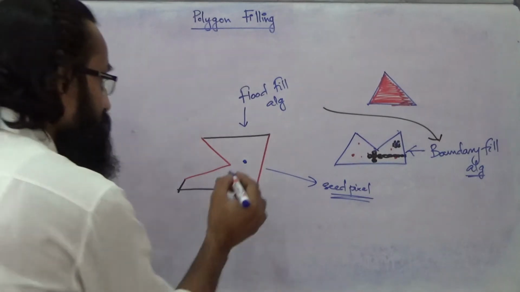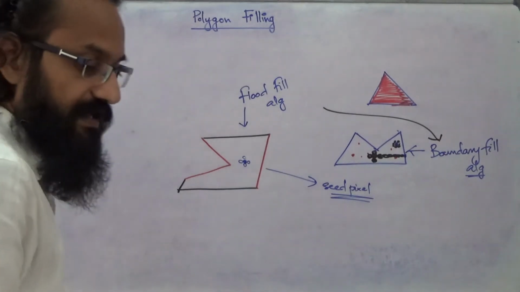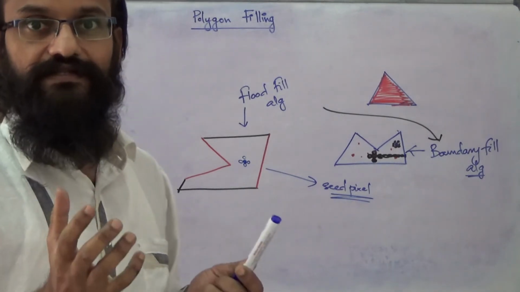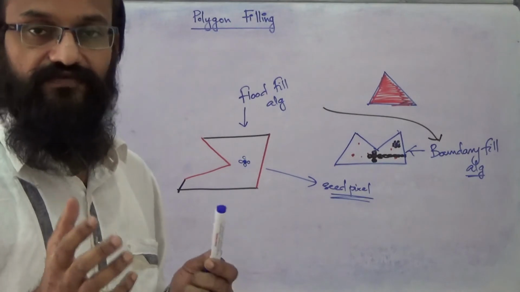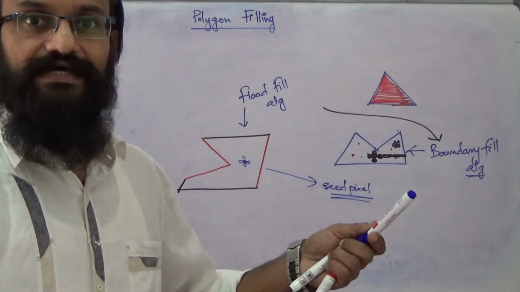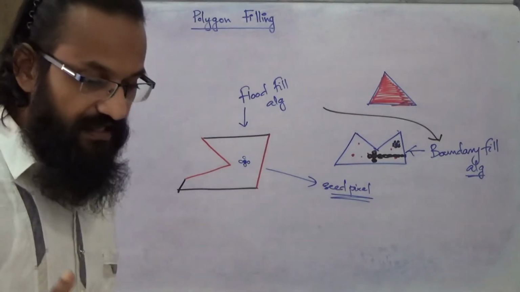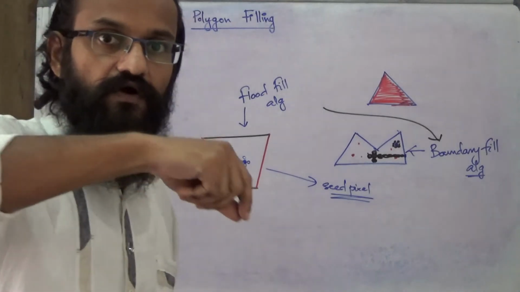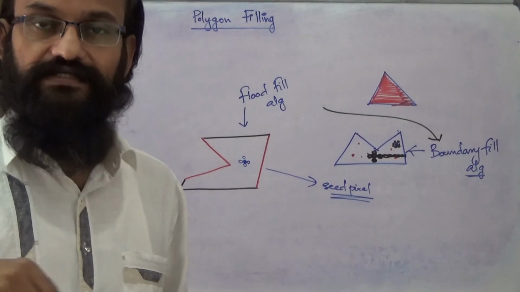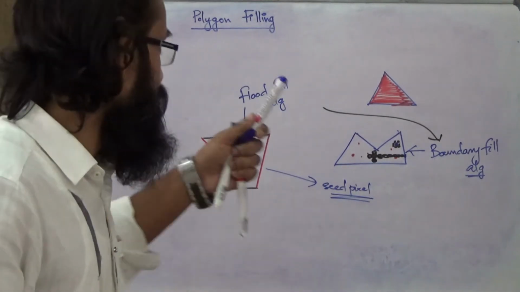Then it considers its adjacent pixels. It will take its adjacent pixels and check whether it is of old color or the interior color defined, white color. If it is white, fill it with blue. Then it proceeds for its adjacent pixels. So it will recursively proceed and fill all the pixels that are of white color, interior color, with the desired color. That is the basic idea behind flood fill algorithm.